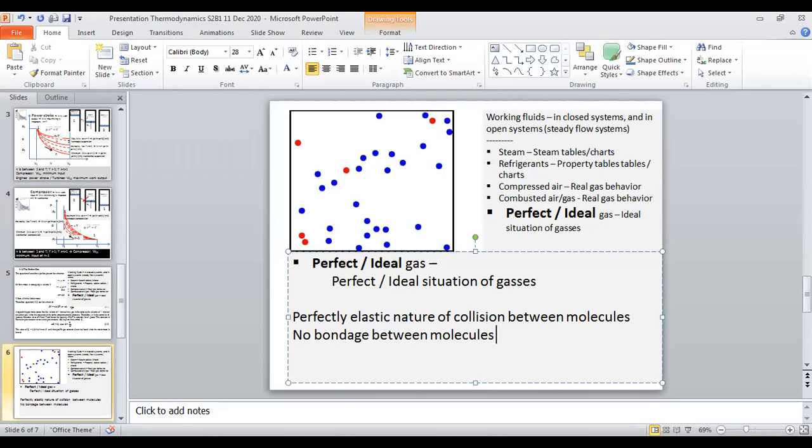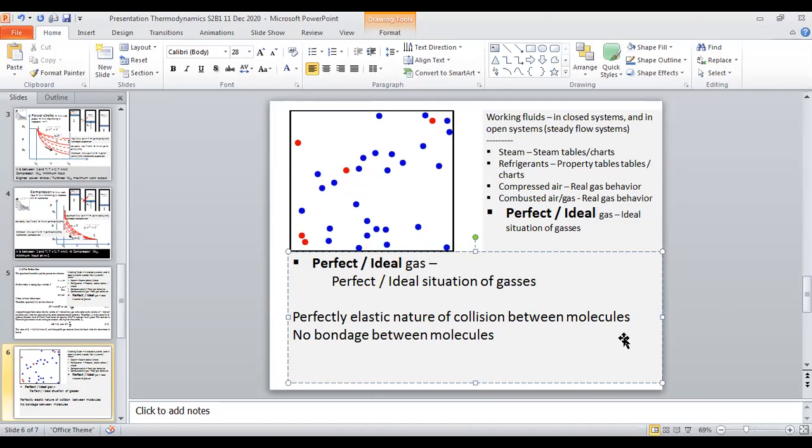One reason is that in between water molecules there is a kind of bondage. Those are dipolar bonds. So for ideal nature, there are no bondages.